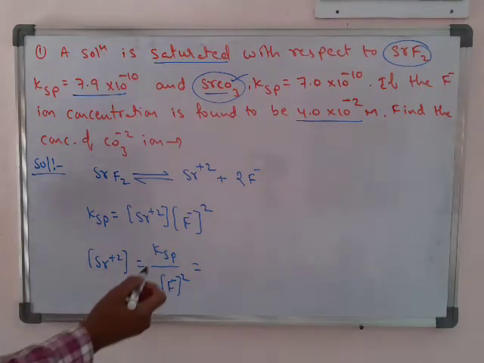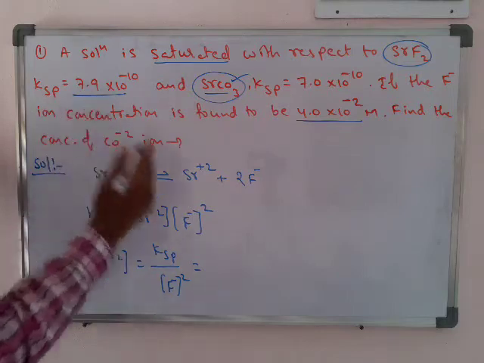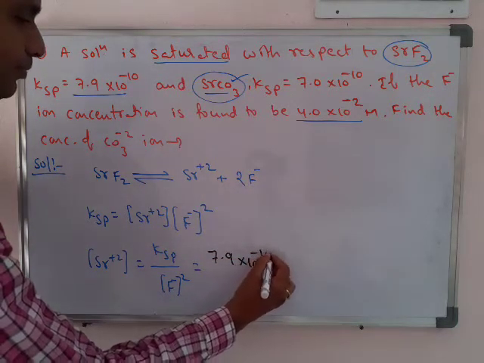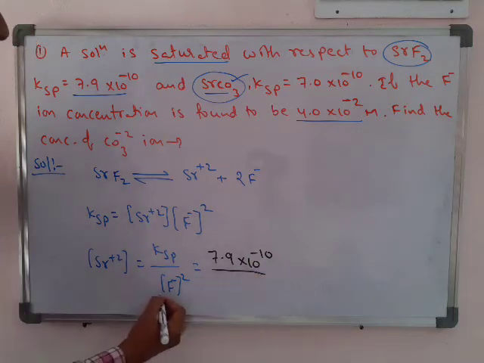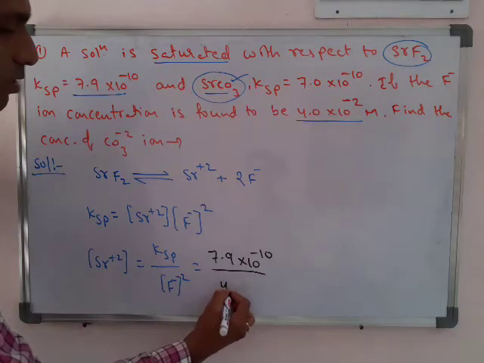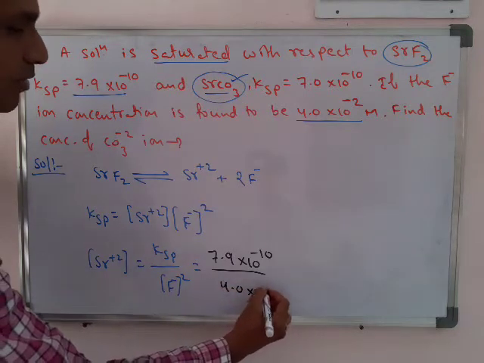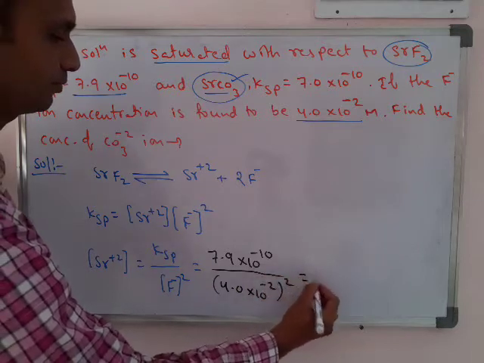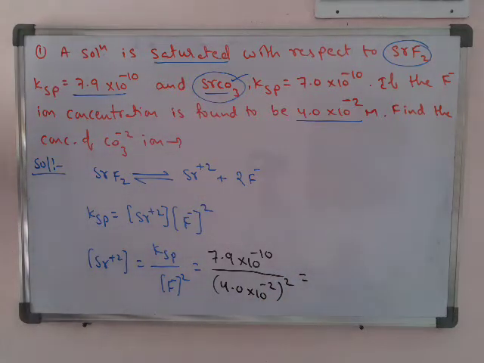So what is the KSP of SrF2? Divided by F minus squared. What is the F minus? It is given: 4.0 into 10 power minus 2, whole squared.